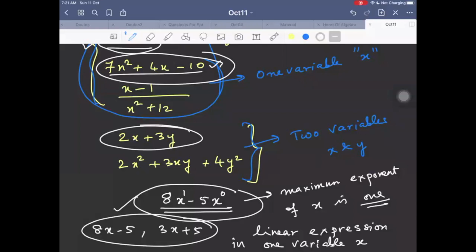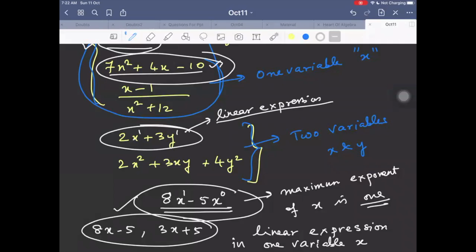Yes, it has two variables, but that is about the number of variables. Why do I call it a linear expression? Because when you look at the exponent of the variables x and y, it's nothing but 1. The maximum exponent that can occur for the variables in this case is 1. You have 2x power 1 plus 3y power 1. So this is basically a linear expression, just that it has two variables.